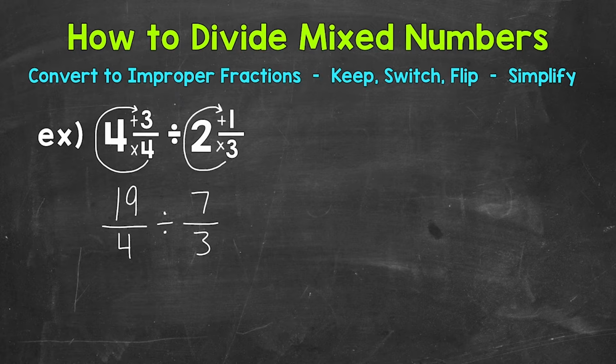Now again, we're converting to improper fractions, so we just have a numerator and a denominator, and then we can go through our steps for dividing these fractions, which we're going to use keep, switch, flip, also known as keep, change, flip. So no matter how you think of it, they mean the same thing.